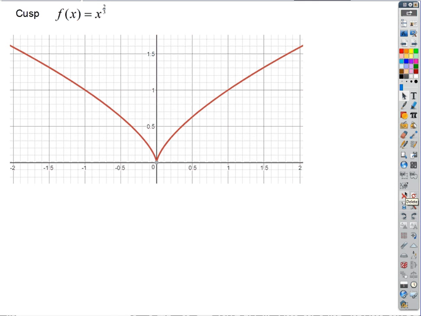You see what I mean by it's a hybrid of a corner and a vertical tangent, right? This is a place where, as we approach from the left, the slope sensor is going crazy. It's saying a value of negative infinity, right? As the ant steps towards a value of 0, he's anticipating stepping on the point 0, 0, but he's anticipating a slope of negative infinity as he steps there, right?